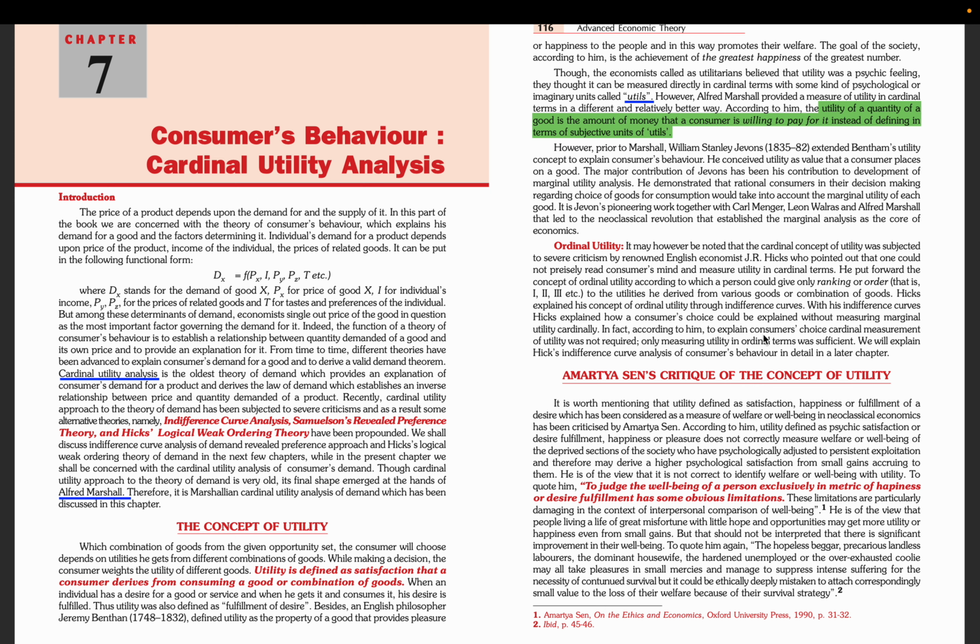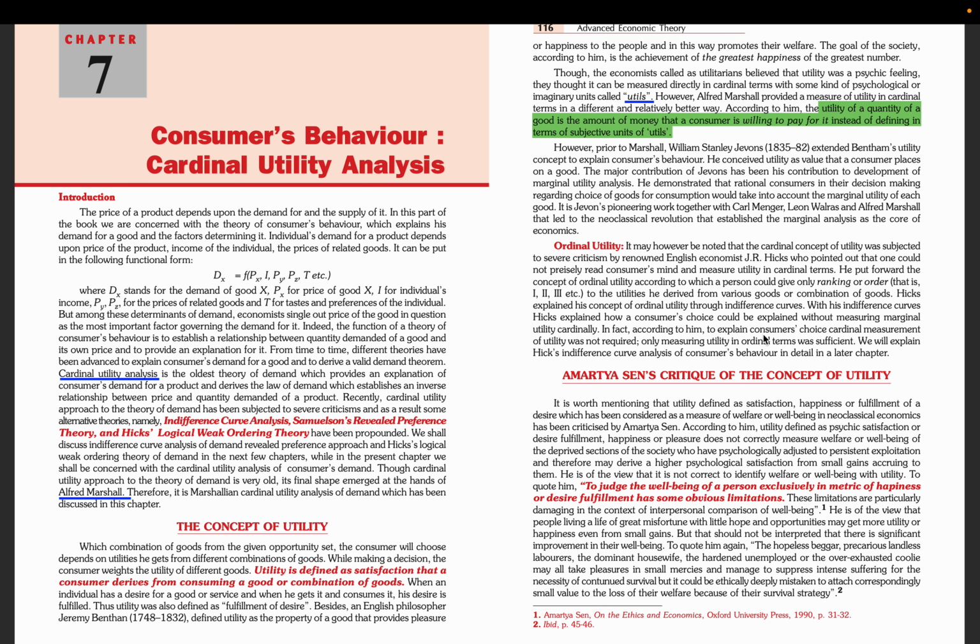Hicks explained his concept of ordinal utility through indifference curves. With his indifference curves, Hicks explained how a consumer's choice could be explained without measuring marginal utility cardinally. In fact, according to him, to explain consumers' choice, cardinal measurement of utility was not required, only measuring utility in ordinal terms was sufficient. We will explain Hicks indifference curve analysis of consumer behavior in the later chapter.